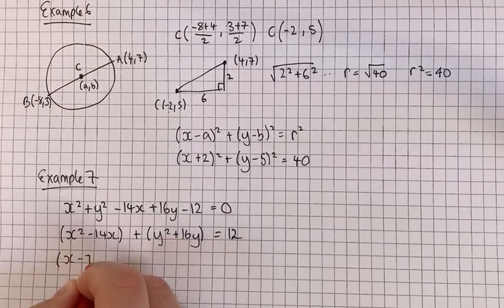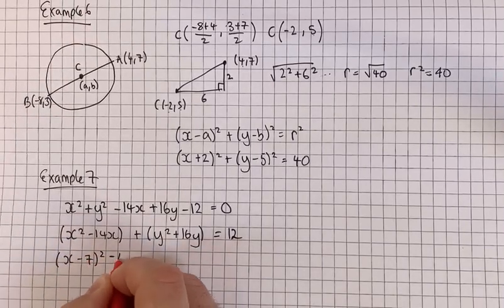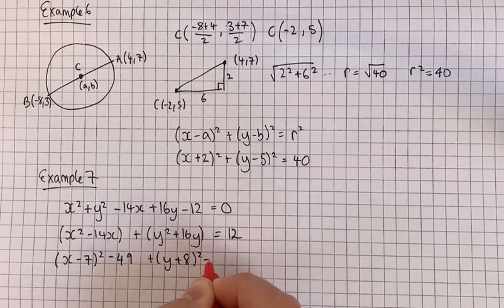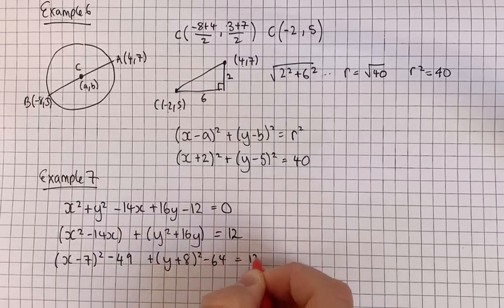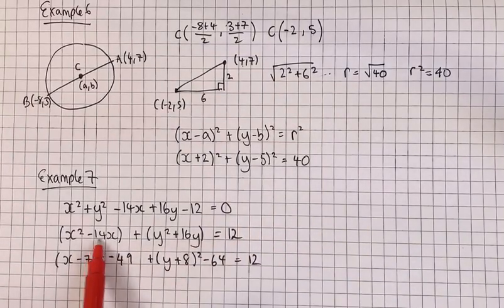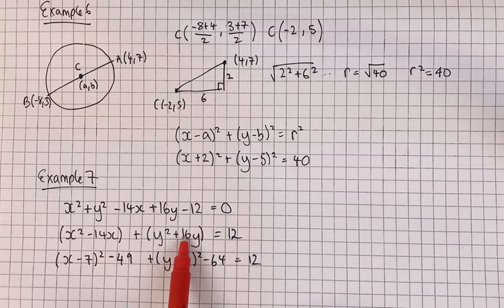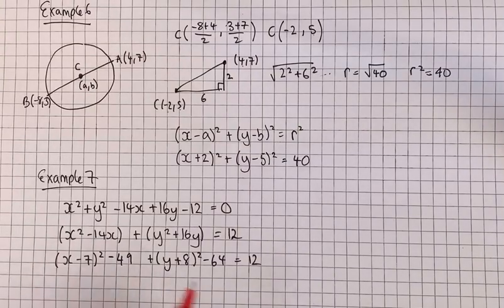So (x take away 7) squared minus 49 plus (y plus 8) squared minus 64 equals 12. So all we need to do is halve the x coefficient and subtract whatever that number squared is, halve the y coefficient and subtract whatever that number squared is, to complete the square. But that's basic GCSE.